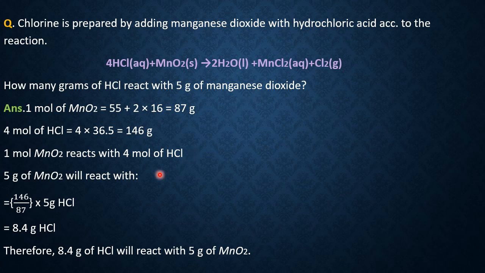According to the balanced chemical equation, according to stoichiometry, 1 mole, that is 87 gram, is required to react with 146 gram of HCl. Now, if I use 5 gram of MnO2, here is the equation and the answer is 8.4 gram of HCl. Therefore, we require 8.4 gram of HCl.